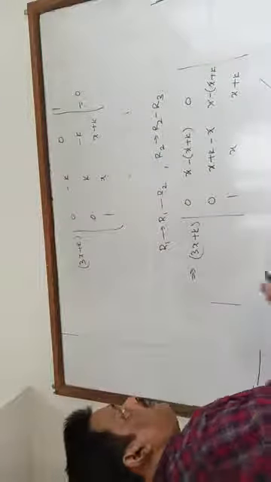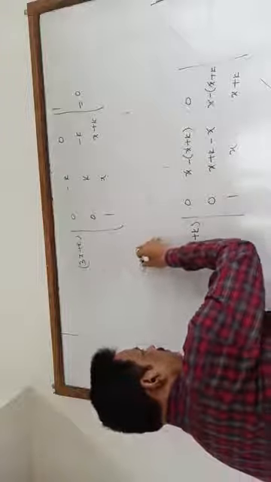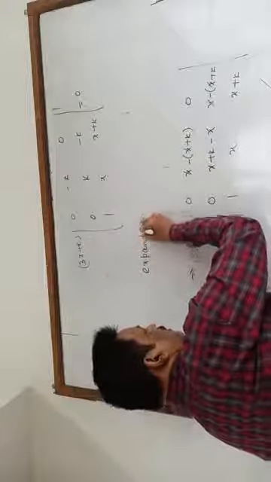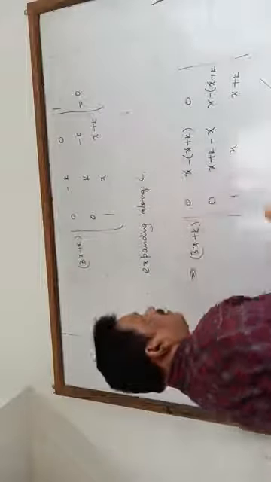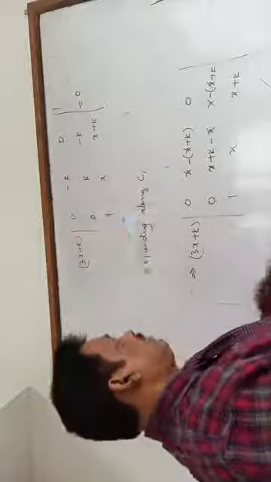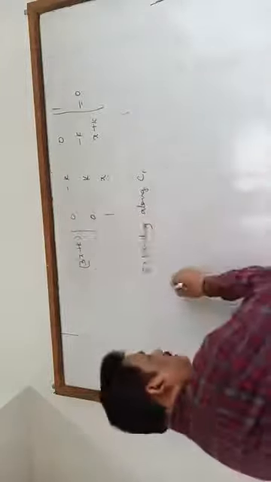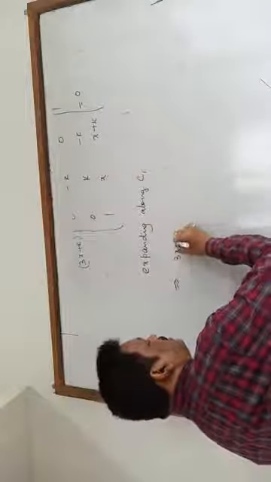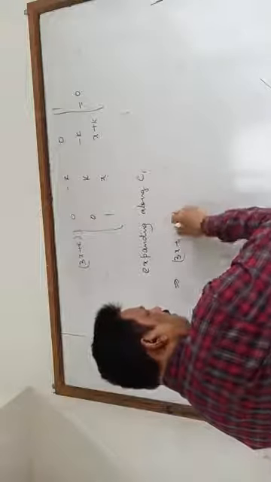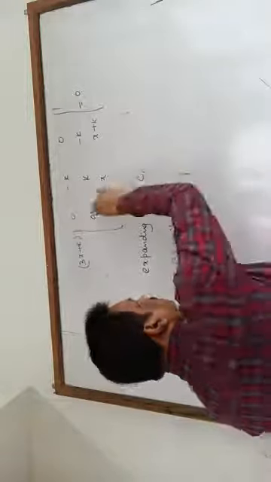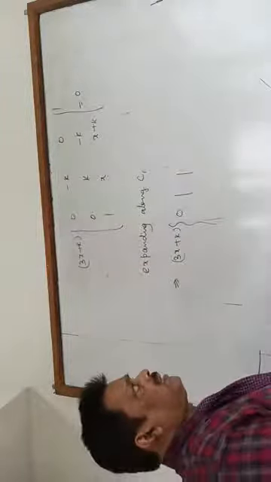So if you expand it along C1, column 1, you can see 2 zeros here. That will be easy for us to calculate. That is 3x plus k. The minor of 0 is this part, no need to write, because that will be 0.